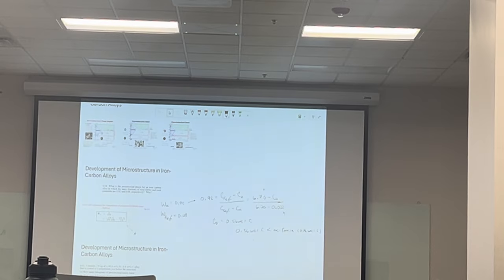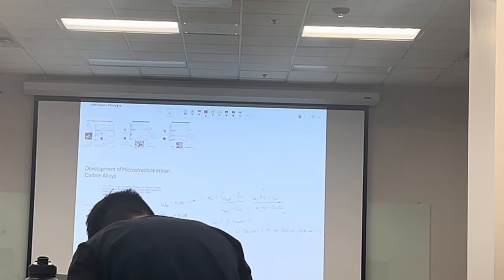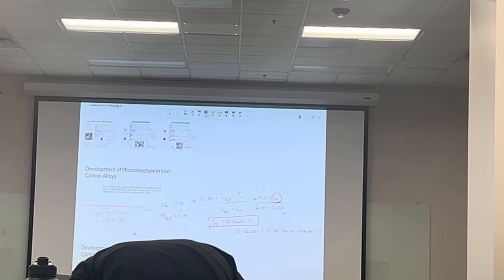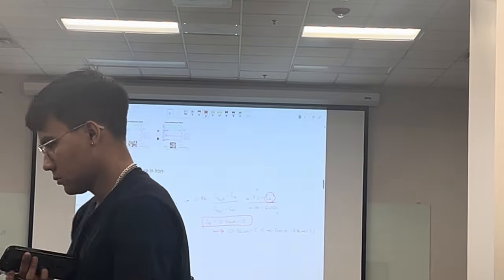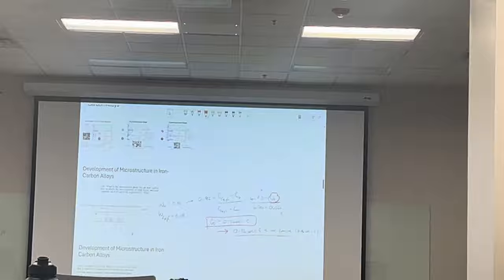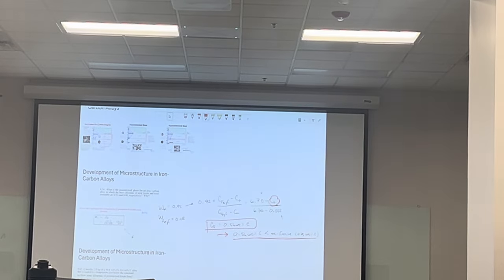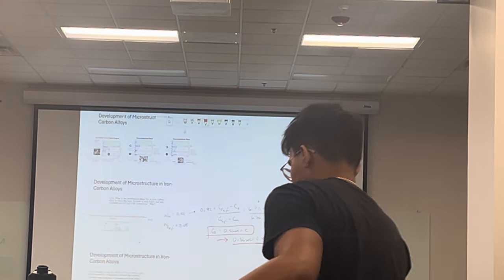So you use those values and plug those in there, and we're trying to find the composition of the original alloy. We ended up with this, and this is our justification to tell ourselves that this is proeutectoid because of this expression here. Since it's less than 0.76% carbon, we know it's proeutectoid.